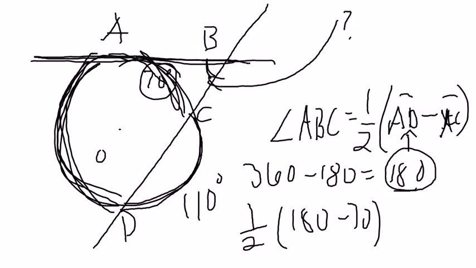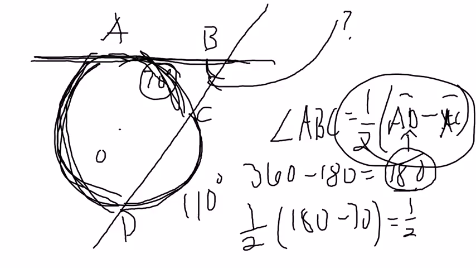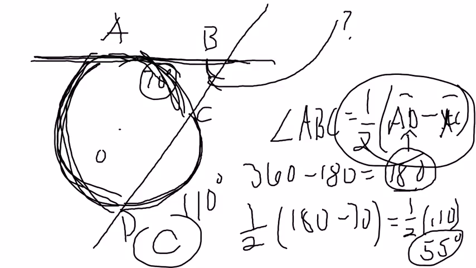So the difference between the two arcs, remember, they intersect outside the circle. So it comes out to 1/2 of 110, which is 55 degrees. And our answer is C for number 11.